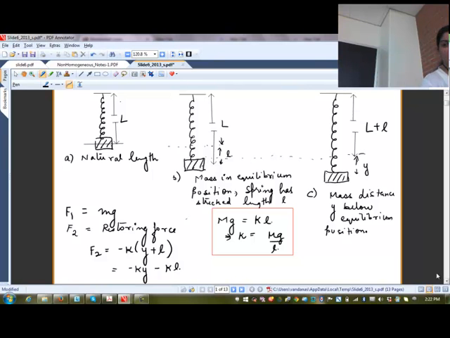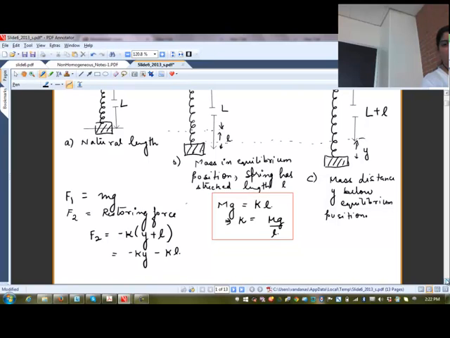Okay, is there any other force? There's still mg, but I already took mg here. Now I'm just collecting the forces. Any other force? This cannot happen without another force.